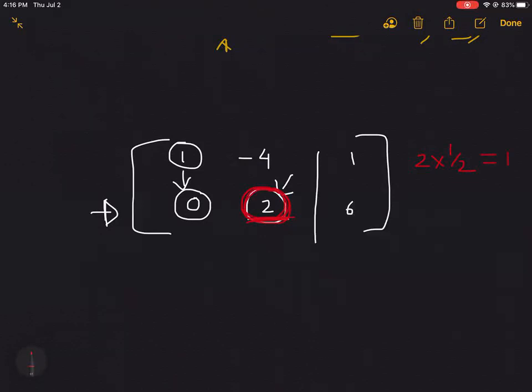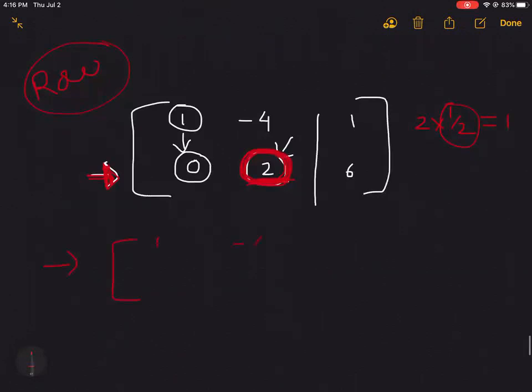I'm just trying to make this guy 1, okay? And of course, whatever I do, I'll be doing on each row, because we are calling this row operation. So as I'm trying to make this 1, all I need to do is to multiply the second row by a half. Let's do that.